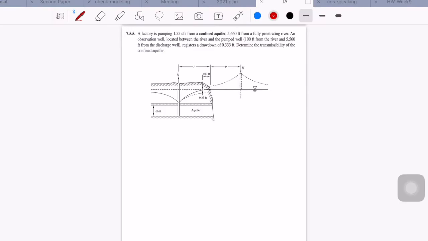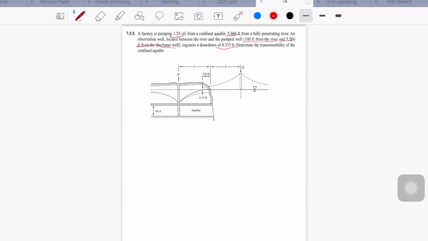For the fifth problem, a factory is pumping 1.55 CFS from a confined aquifer and 16 feet from a fully penetrating river, and an observation well located between the river and a pumped well, 100 feet from the river and 16 feet from the discharge well, registers a drawdown of 0.333 feet.